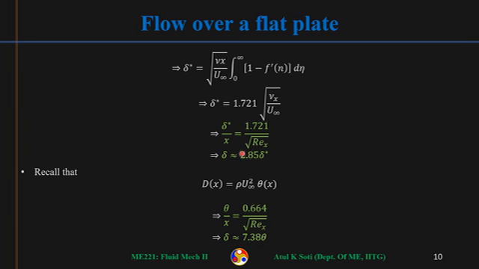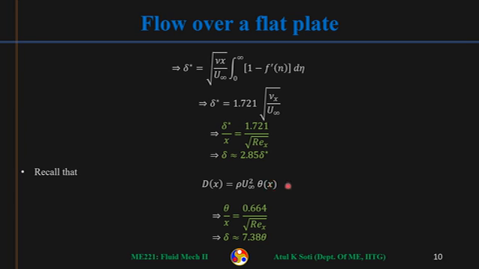Then we can also calculate momentum thickness. For momentum thickness, either you can use the definition u by u infinity into 1 minus u by u infinity integrated from 0 to infinity, or you can use the physical meaning of momentum thickness. We had seen that the drag on the plate till length x is equal to rho u infinity square times momentum thickness at point x.